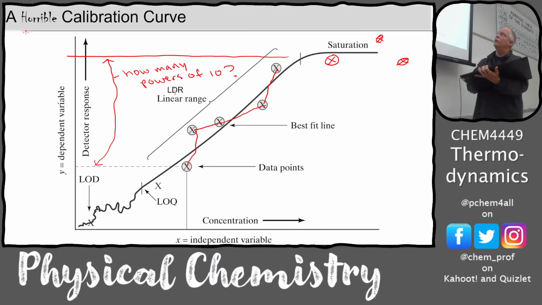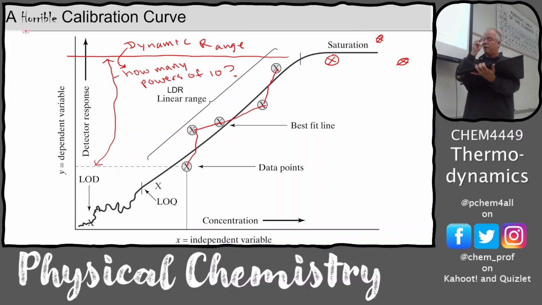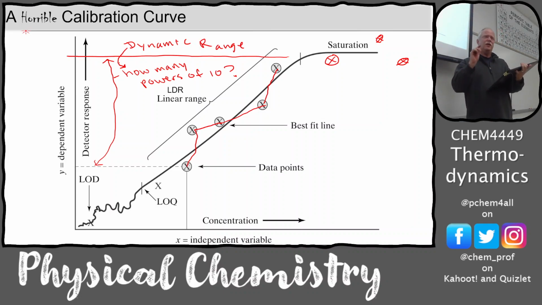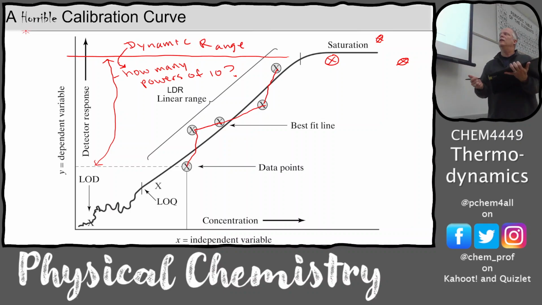And that's that dynamic range. Does everybody understand what I mean by powers of 10? I'll try to relate it to place value: from thousands to millions was 4.